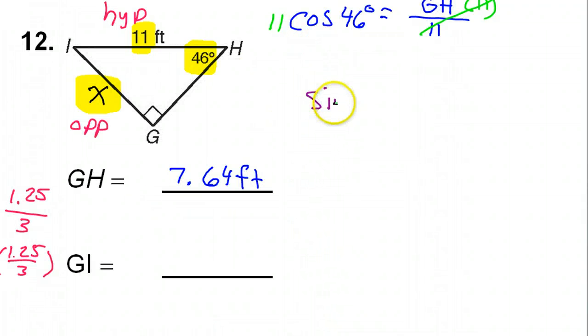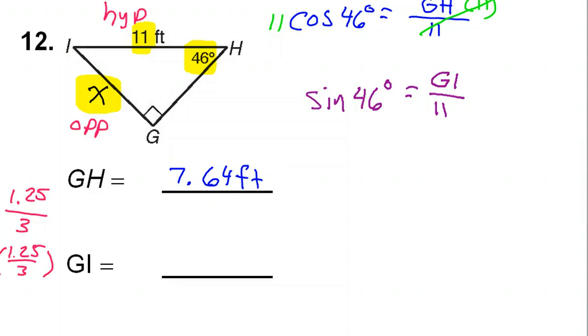So the sine of 46 degrees is equal to GI over 11.